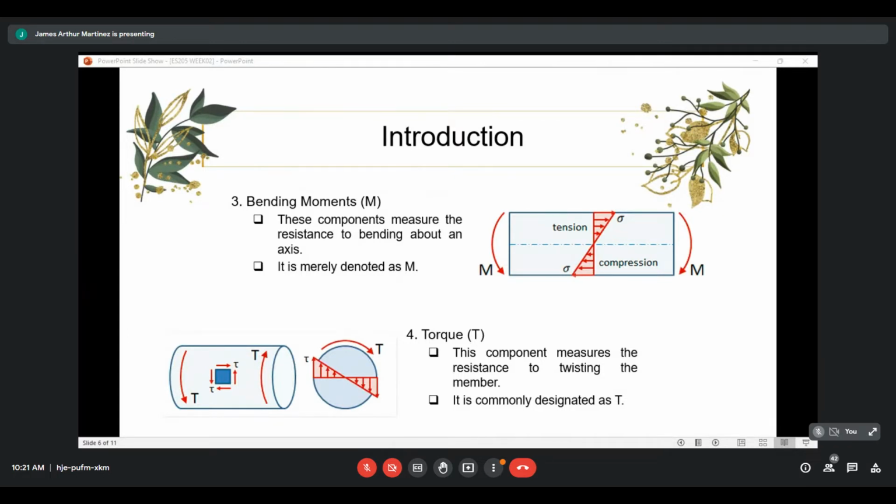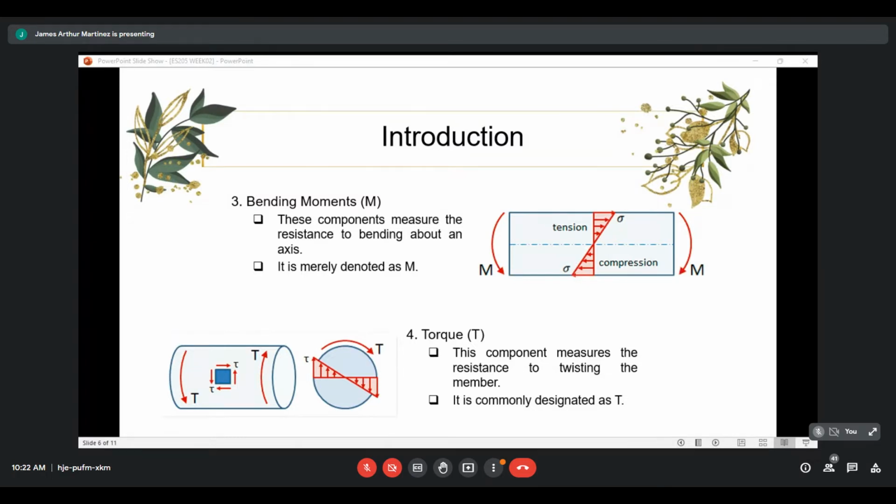And then torsion, this component measures the resistance to twisting the member. So if bending is like this, torsion twists the member. So that is the convention for bending and torsion.